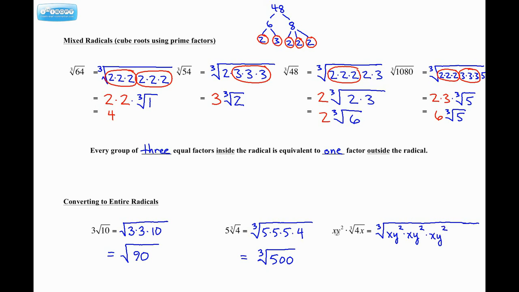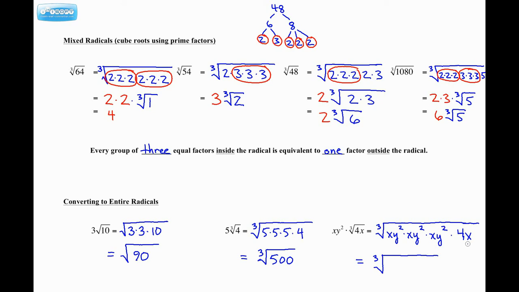Okay, so 1 of them outside becomes 3 of them inside, and then I still have that 4x here. So all I need to do now is just simplify everything I can by doing some combining. Okay, this is all straight multiplication, so it doesn't matter about the order.